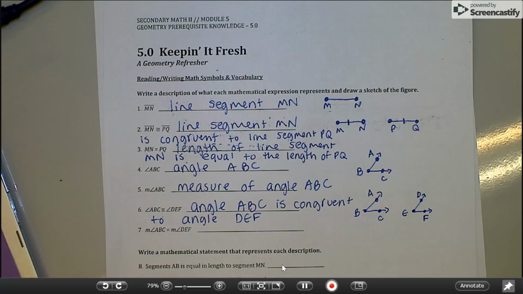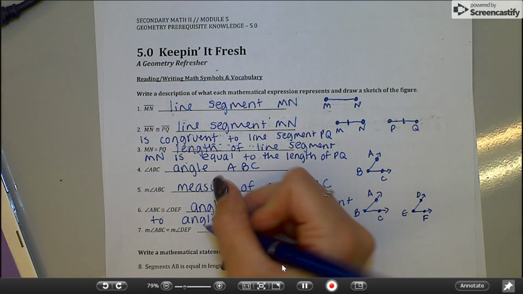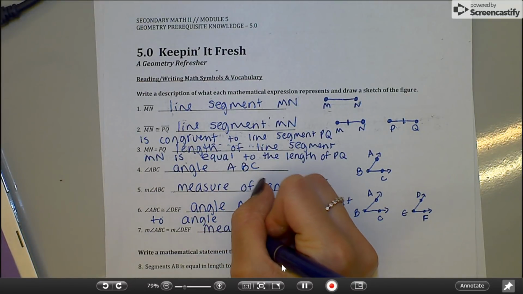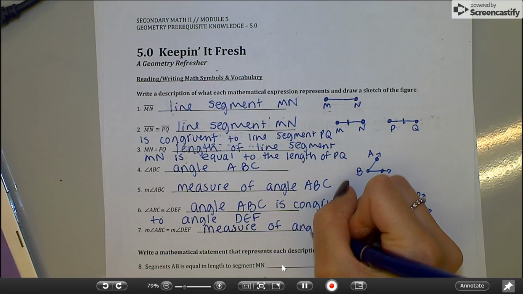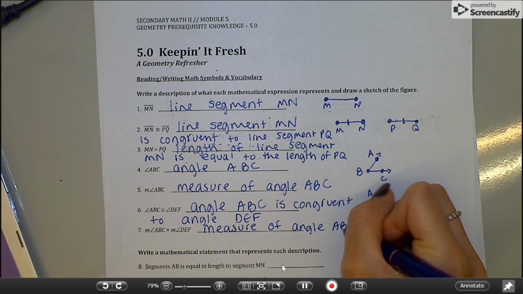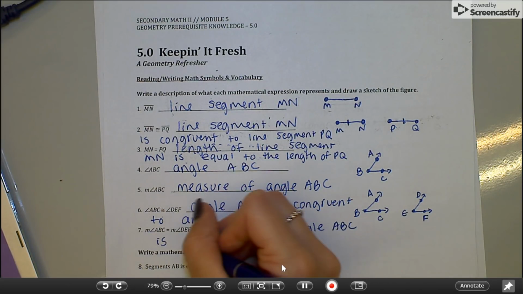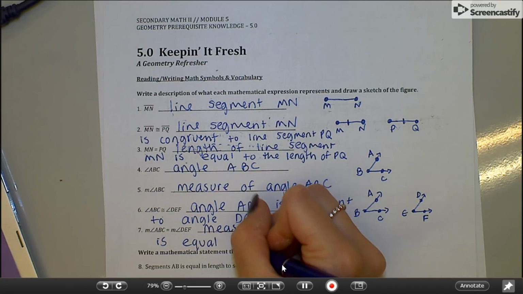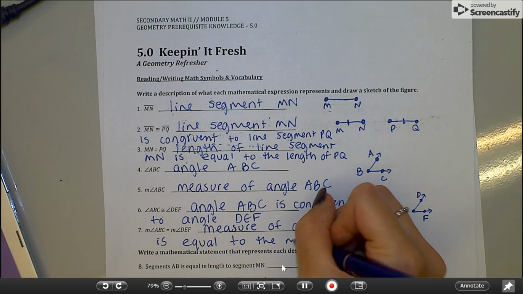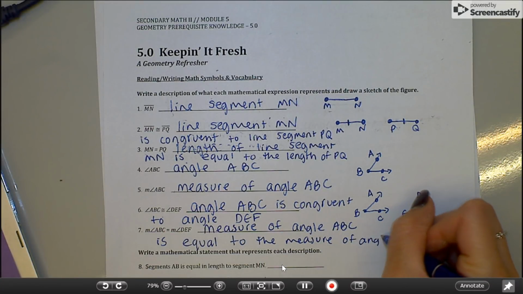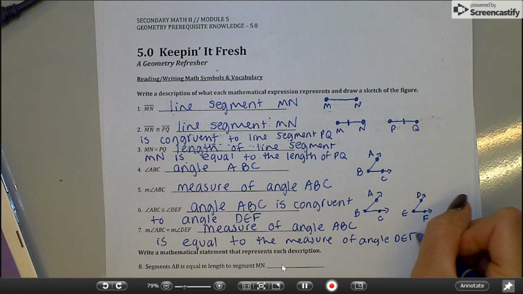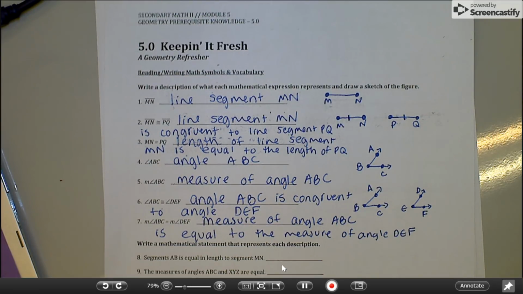And again, with segments, when we have an M in front, we're referring to the measures. So for this one, we would say the measure of angle ABC is equal to, by the symbol, the measure of angle DEF. They have the same degree measure.